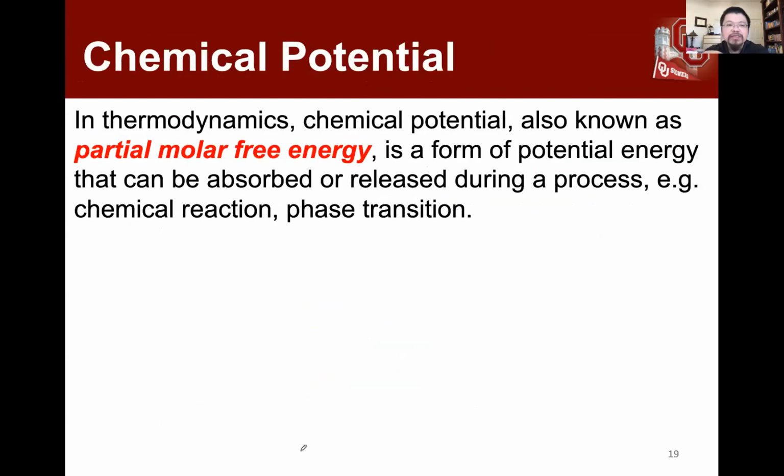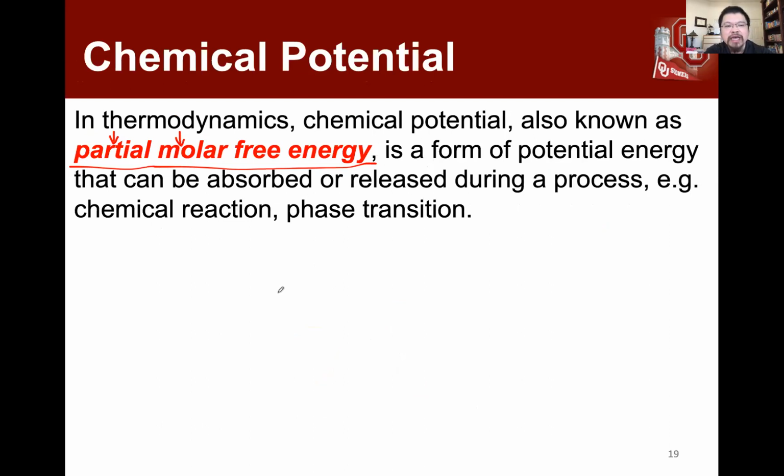Let's try to take a look at the sort of official definition. So in thermodynamics, chemical potential, also known as partial molar free energy. We will have the discussion on the partial part. Molar, this is the total free energy.